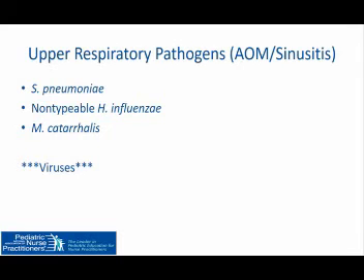We also have to think viruses, because since we've been immunizing kids against pneumococcus, we've taken that out of the picture in many patients, and that used to be the most prevalent pathogen. So in our kids that are vaccinated, we need to think very high likelihood that we're dealing with a virus in this upper respiratory area.